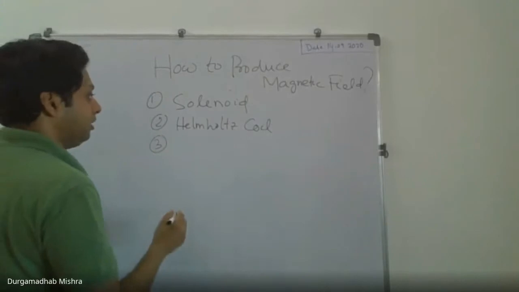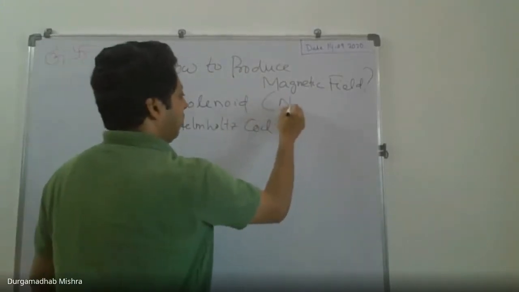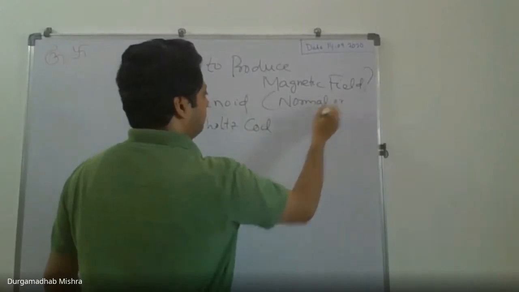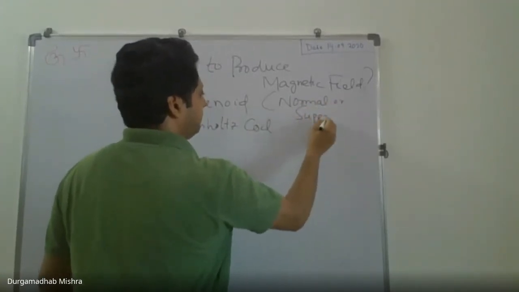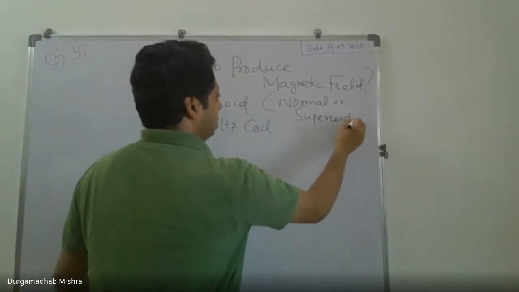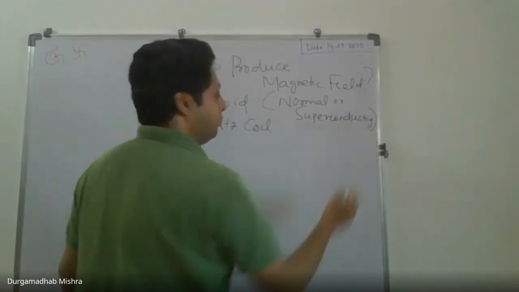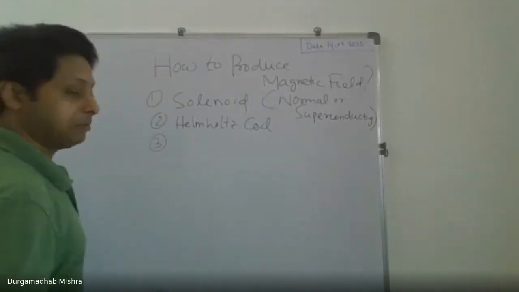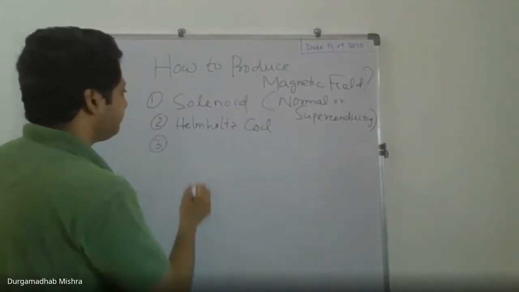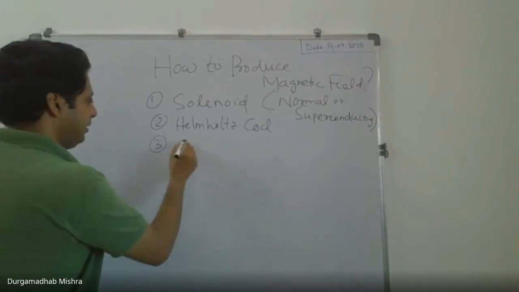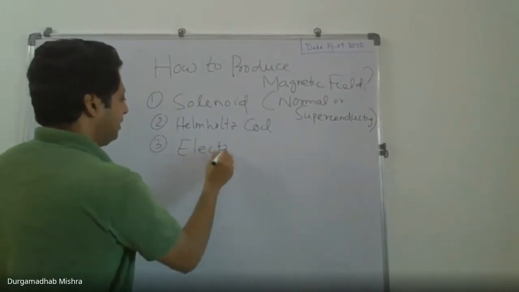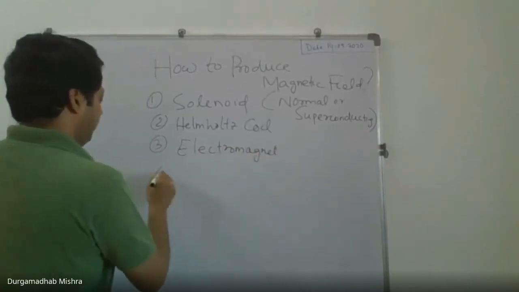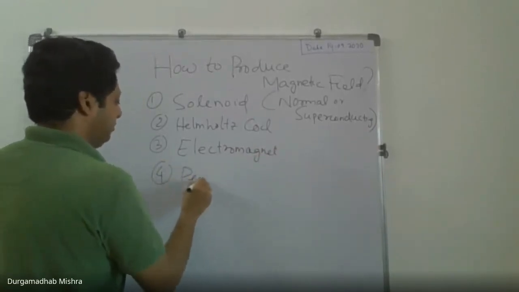Then the solenoid can be a normal solenoid or a superconducting one. We are not discussing the superconducting part yet, but we will discuss it next week. Then you have the electromagnet, then you have your permanent magnet.